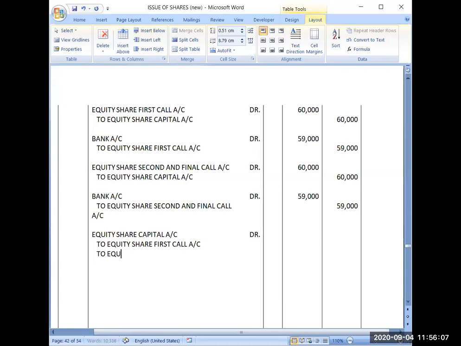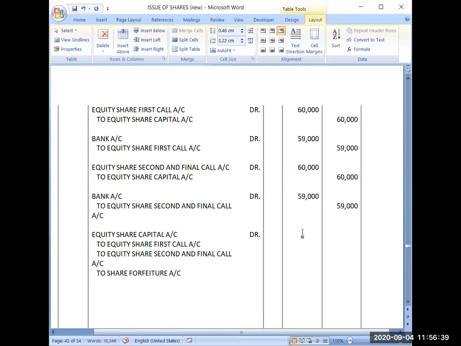To equity share second and final call account, to share forfeiture account. Whatever he has paid, that amount will go to share forfeiture account.